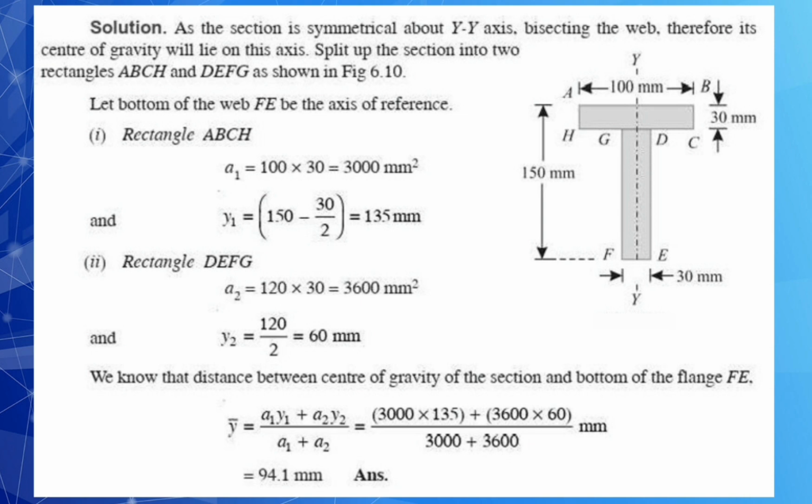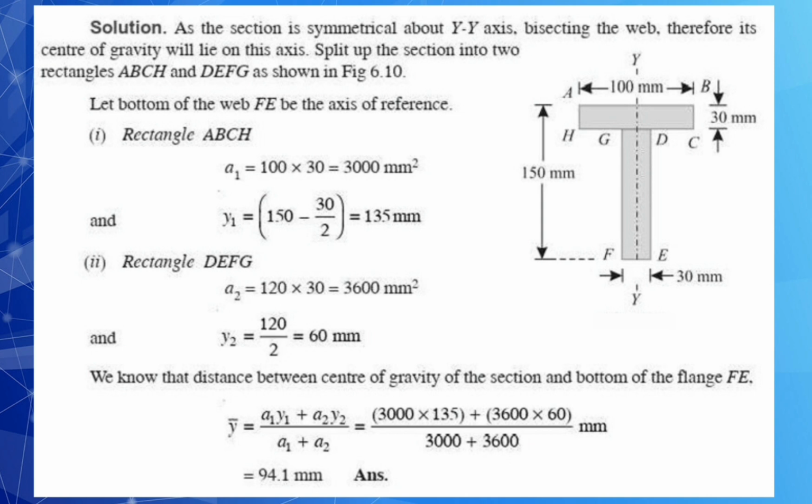First let's consider rectangle ABCH. Area of this rectangle, a1, is equal to 100 into 30, which is equal to 3000 mm², and y1 is equal to 150 minus 30 by 2, which is equal to 135 mm.